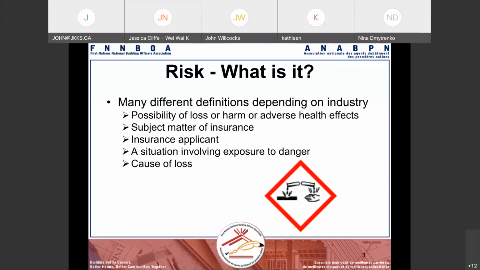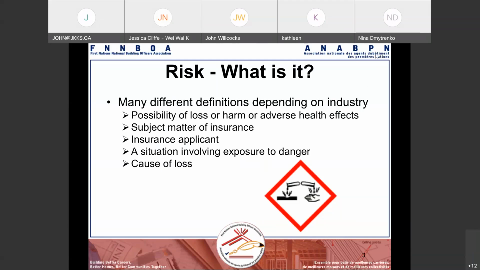All right. So what is risk? Well, it has different definitions depending on your sector. One possible definition is the loss or harm or adverse health effects. It could be a subject matter of insurance, it could be an insurance applicant.